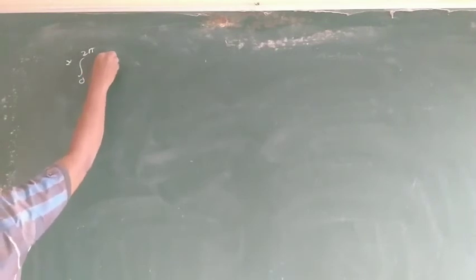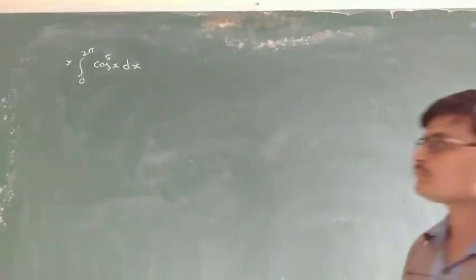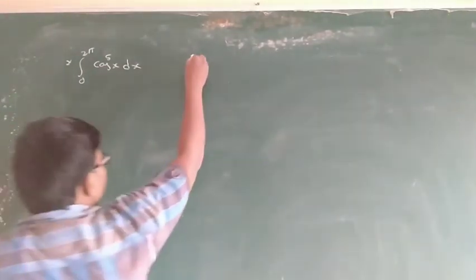Next problem. Integral 0 to 2 pi cos power 5x dx. Which property is this? Property P6. What is P6?